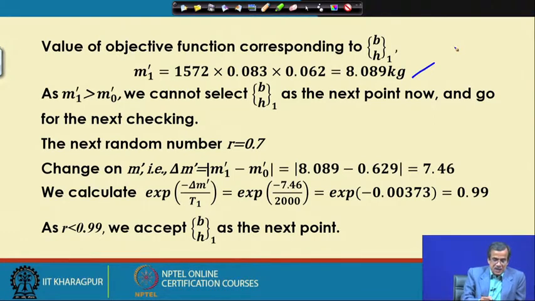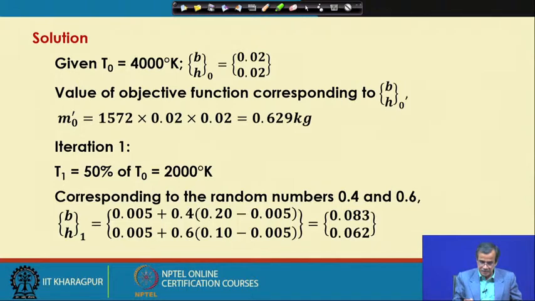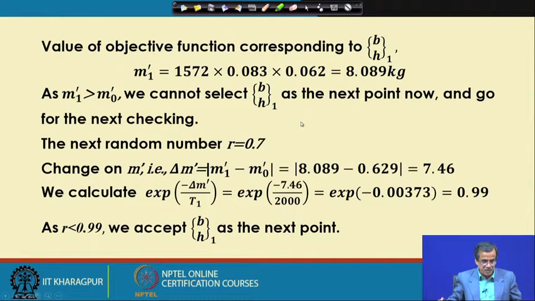Now, m naught prime was 0.629 and m 1 prime is 8.089 kg. If I compare, m 1 prime is greater than m naught prime, which means it is not a good solution, because our aim is to minimize.